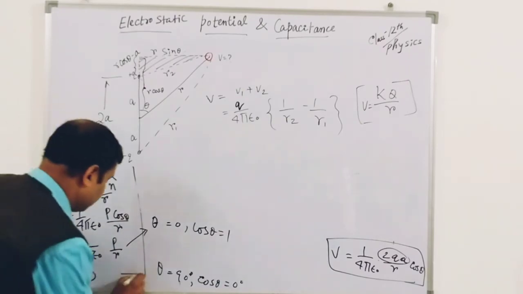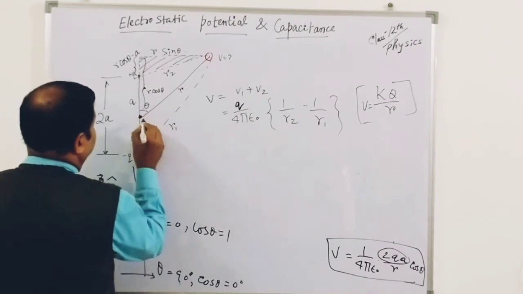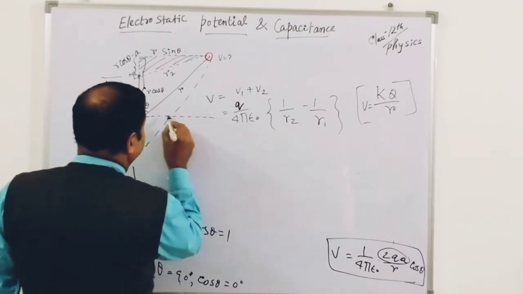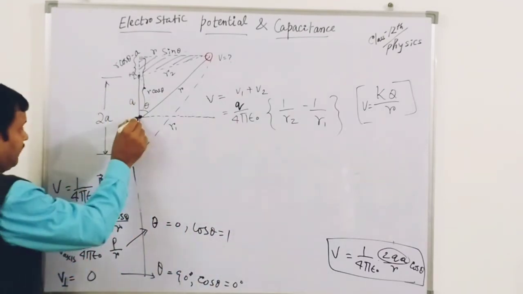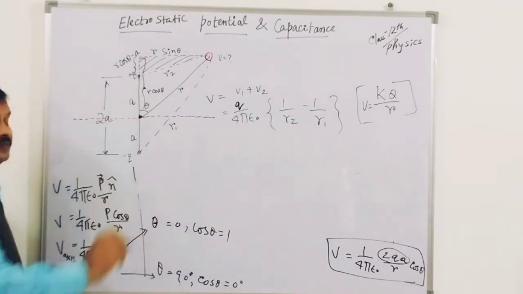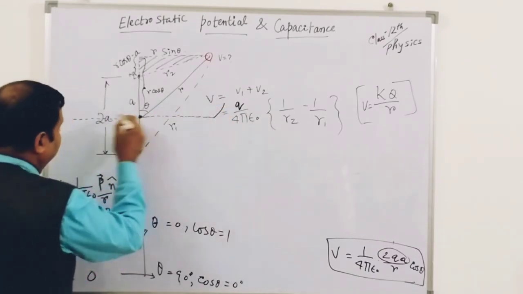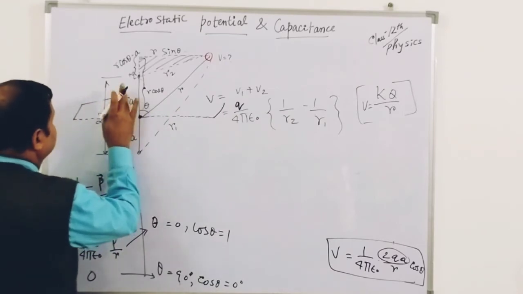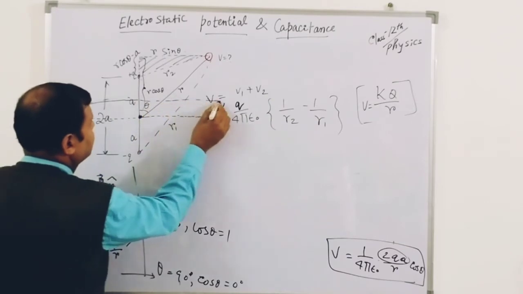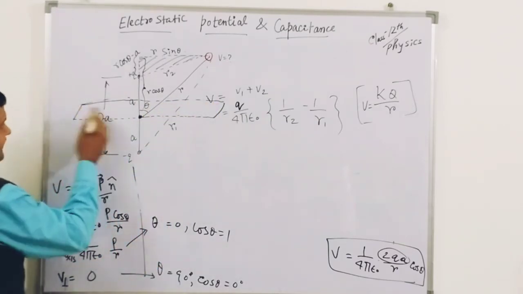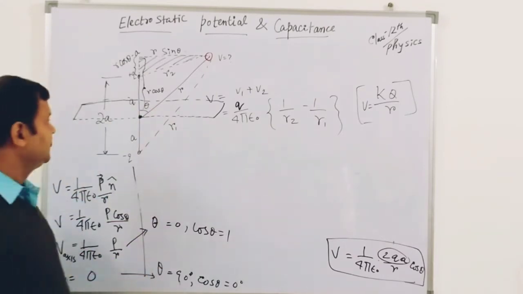So the center point and the plane through it will be a zero potential surface.